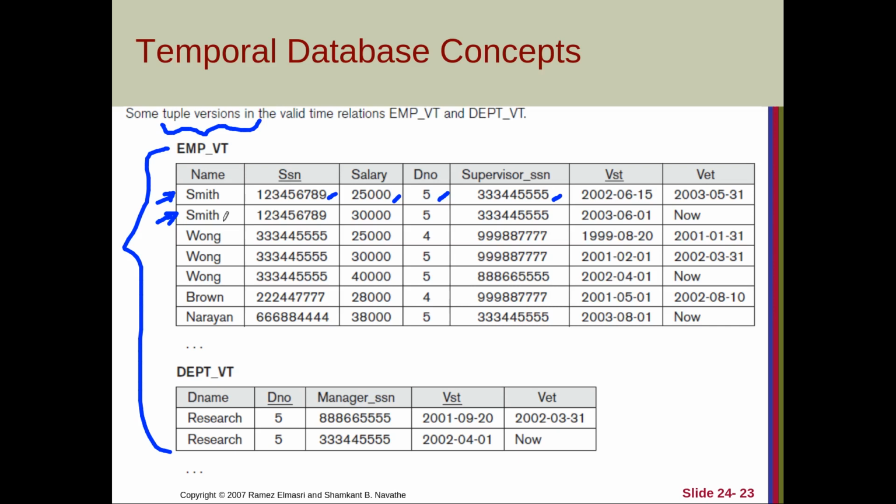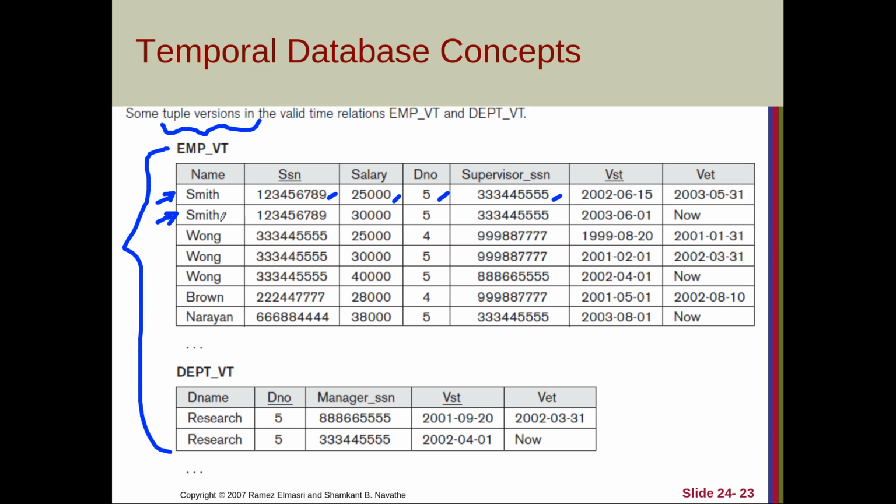Maybe because of some modification to the first tuple. Something was changed for the employee Smith. That is why we are creating a new tuple, because some variation happened. Either he changed the department, or he got a salary change, or his supervisor was modified. Whatever it be, a new tuple is being formed.